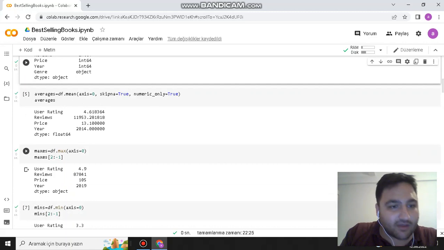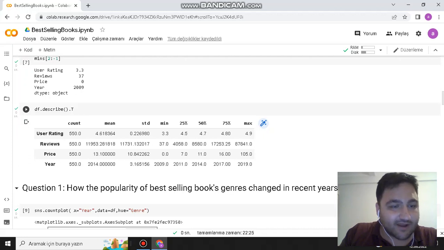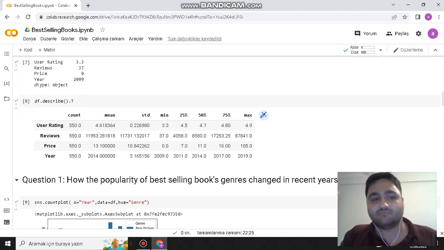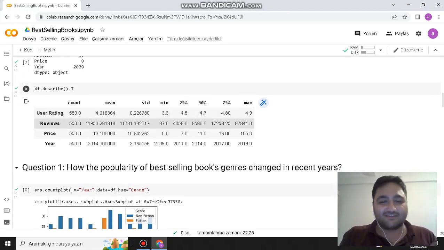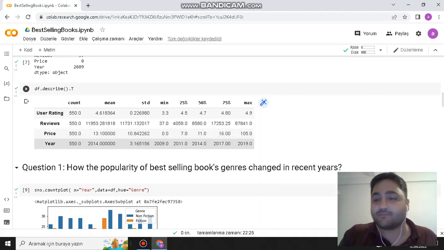So that's why I use it like this. And this describe is where literally describe it, and it's super easy to see your data summary.